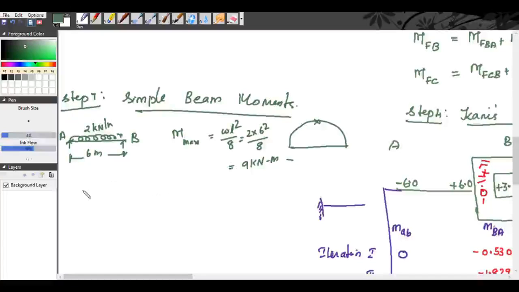Now for the span BC, we have a 5 kilonewton load acting at a distance of 3 meter from B, totally 5 meter.